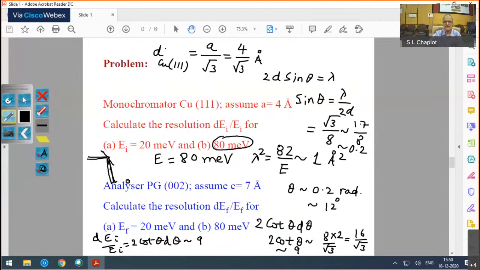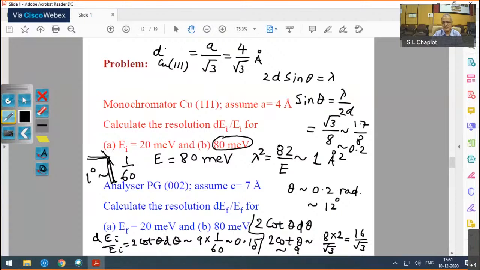That's a typical number we talk about. And 1 degree is about 1 by 60 radian. So you would write here 9 multiplied by 1 by 60, which will be about 0.15. So you can see that dE by E is as large as 0.15 or 15%.